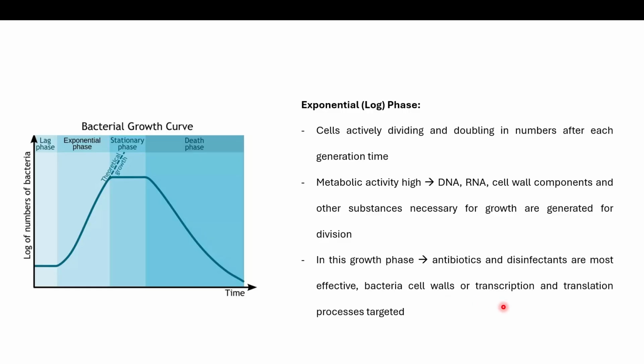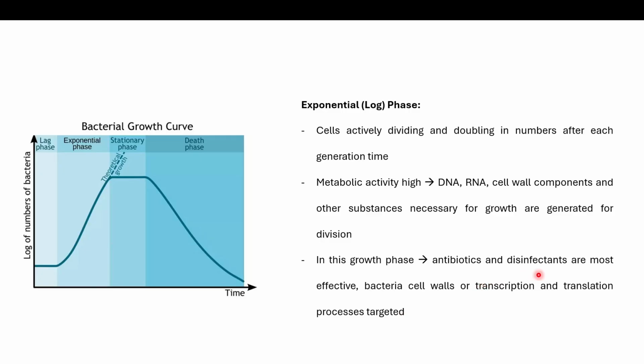So bacterial cell walls or transcription and translation processes are targeted. Bacteria are both pathogenic as well as non-pathogenic. Usually people in the labs work with non-pathogenic strains, but they also work with pathogenic strains. So against pathogenic bacteria, when you really want to target bacterial cells, usually this particular phase of bacterial growth is targeted.